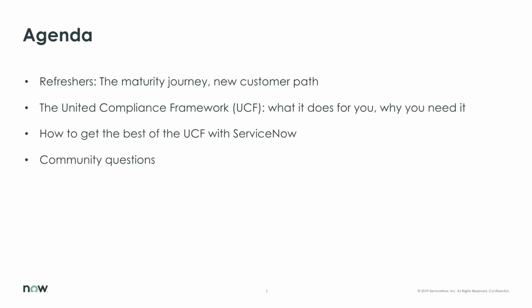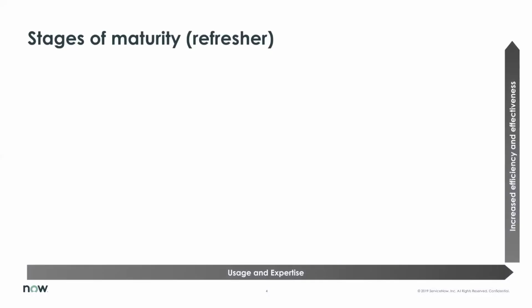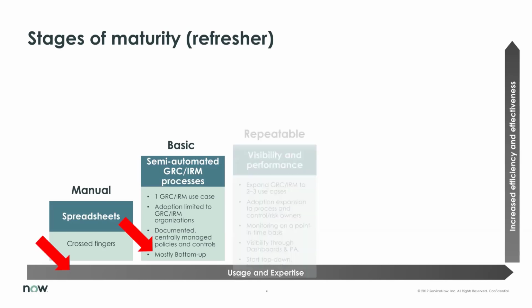All right, so let's get started with our usual important set of refreshers, just so that we're all on the same page. So you will remember that we are all on a journey together, a journey to lower risk and higher efficiency and effectiveness. We are starting with the first steps, those that will help you to get to maturity level 1, called basic on this slide, right?